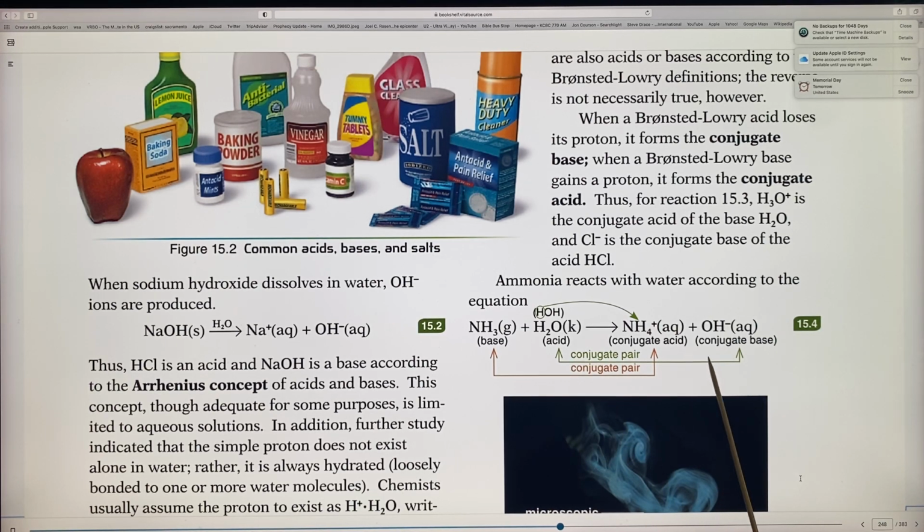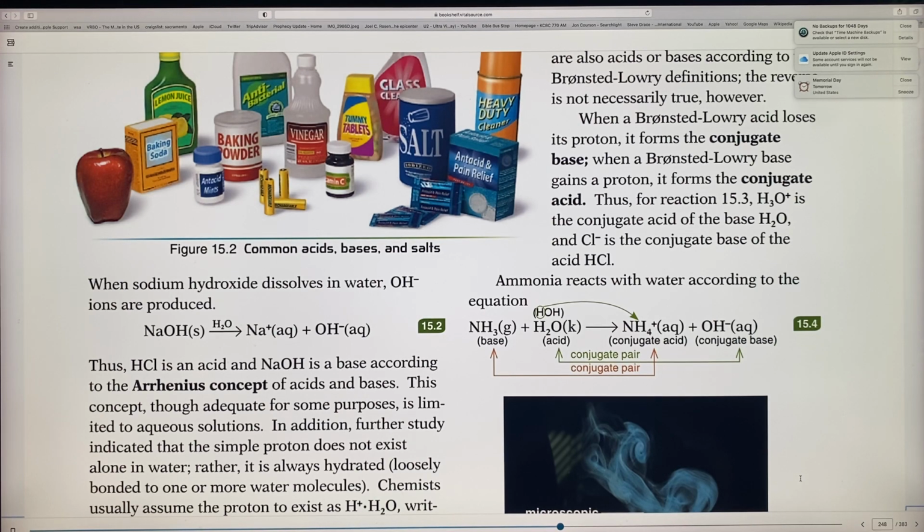One will usually be weaker than the other. The strong one will shift to the weak; it's always going to be shifted toward the weaker. But you can look, these are the pairs they're talking about. You'll have a base and an acid pair on both sides as it reacts. So this is a Bronsted-Lowry base gaining a proton in this reaction.